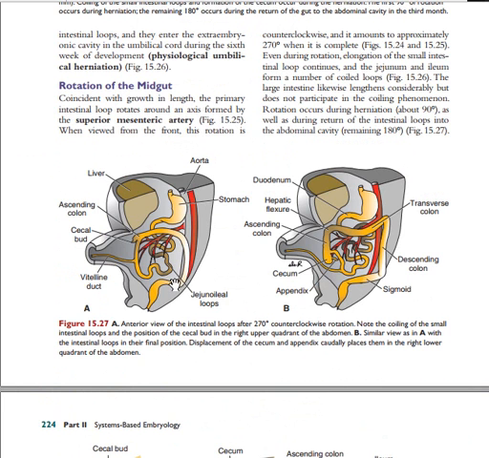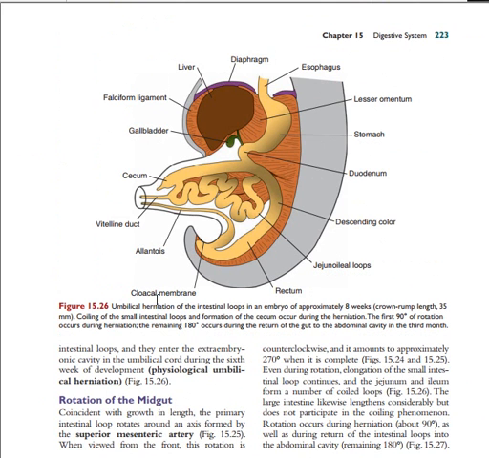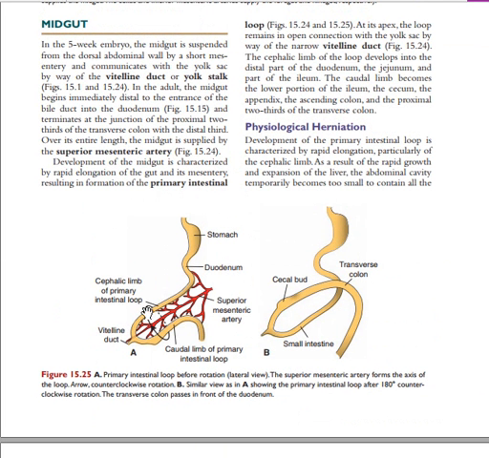So initially it is like this. So you have the gut structures and then this. What happened is that the cecal area which was down here, you have a cecal bud that's produced. The cecal bud is going to go on the left side. Then the intermediate area is going to go on the upper side, and then the most distal area is going to go to the right.